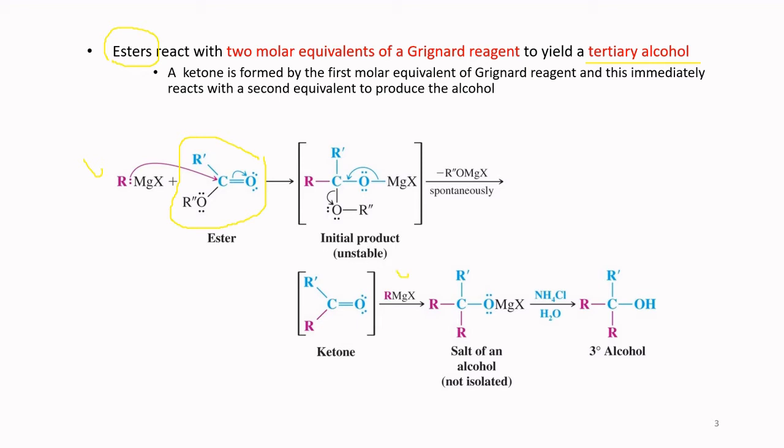So why do we need 2 molar equivalents of Grignard reagent? The first molar equivalent will convert the ester into a ketone first, and then once it becomes a ketone, it will react with the second molar equivalent of Grignard reagent to give a tertiary alcohol using the same mechanism proposed on the previous slide.